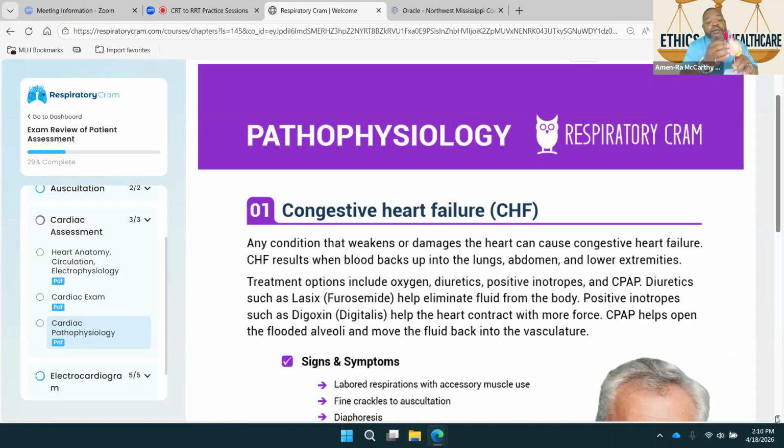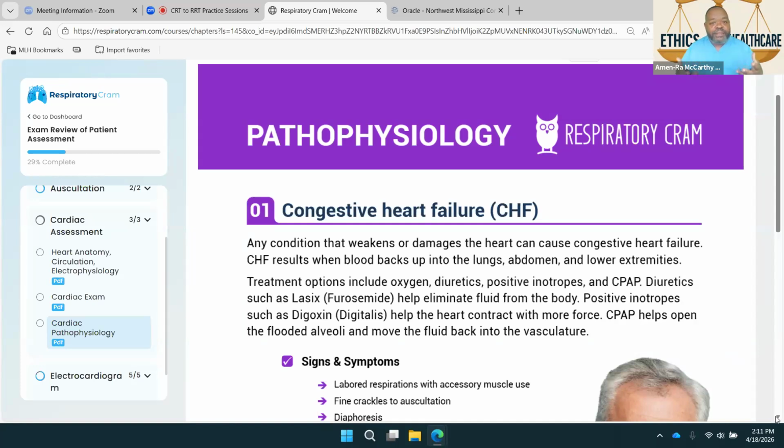What we can do is give CPAP, and CPAP will push this fluid into the interstitial space, and that's where your Lasix can pick it up. Your Lasix can't get into the atrium; it can't really affect a lot of places. The fluid has to be pushed into the interstitial space, and once it gets there, that's where the furosemide or Lasix can actually get it out.